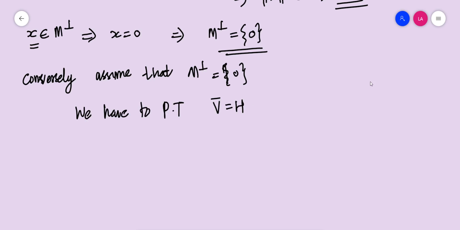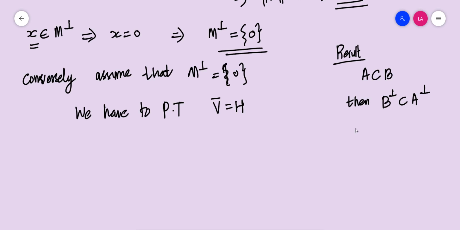We have a result which I'll give you as an exercise to prove. If A is a subset of B, then B perpendicular is a subset of A perpendicular, or the annihilator of B is a subset of the annihilator of A. I think you have already studied this.